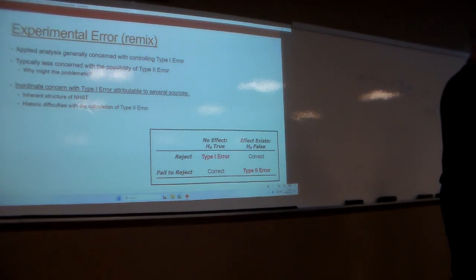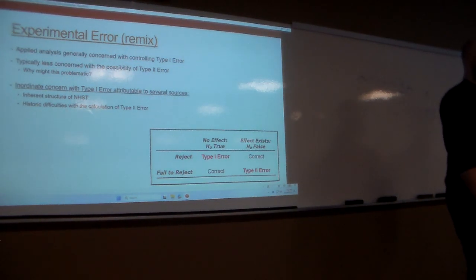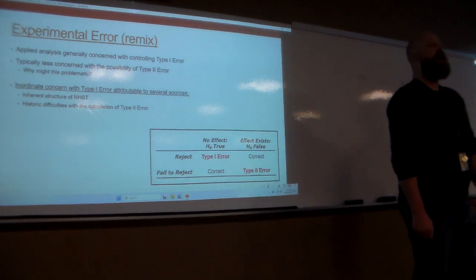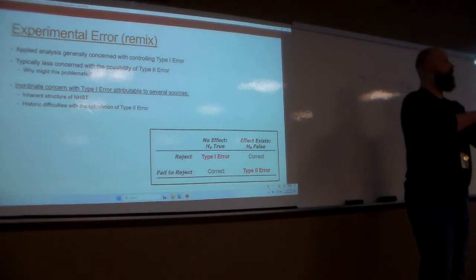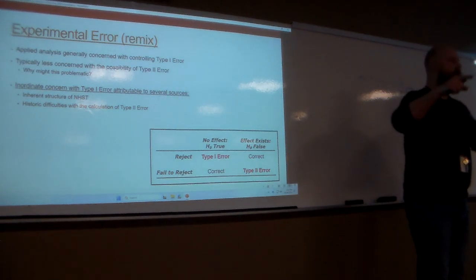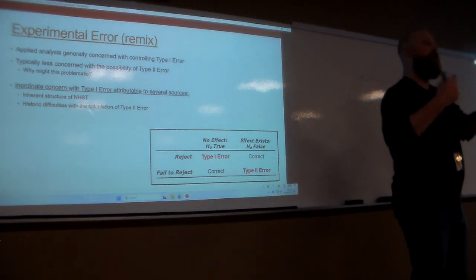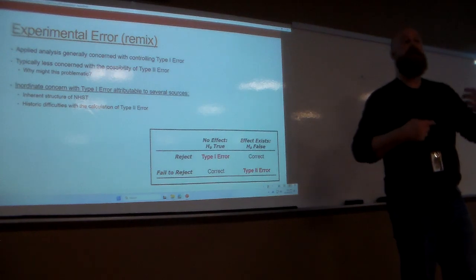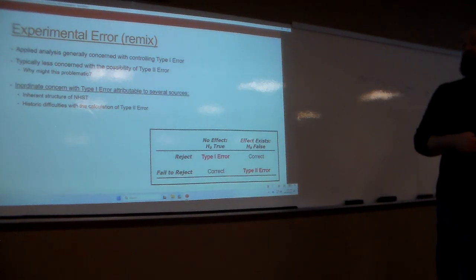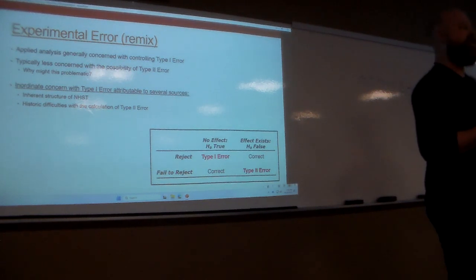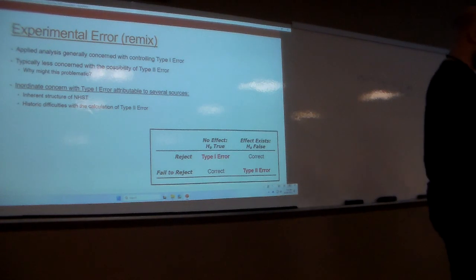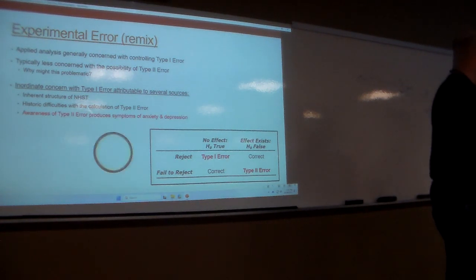We also have some historic difficulties with the calculation of type 2 error. We start to get into distributions that are different from our normal distribution, which creates some problems historically in the math. Less so today because we have wonderful computing capacity, but still not 100% as easy or straightforward as it should be.